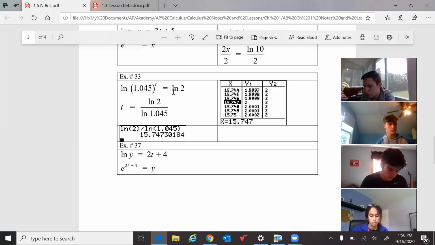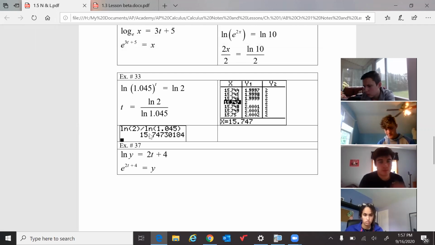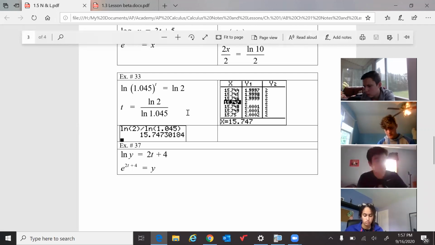Could be ln. You could have done a log. You get the same answer. You're using the property. You can bring this t out front, and you divide both sides by this constant, ln 1.045, and you're left with this, which is a number between 15 and 16.